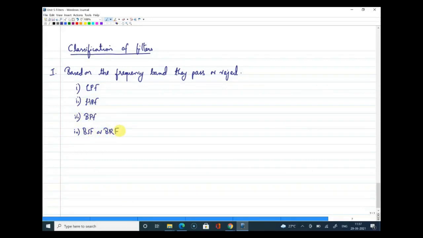These are the four classifications, and I hope you can at least imagine the response, which frequency band they will pass or reject, just by looking at the name itself. Right? So just to understand the characteristics in a very generic sense, I'll draw the responses here.